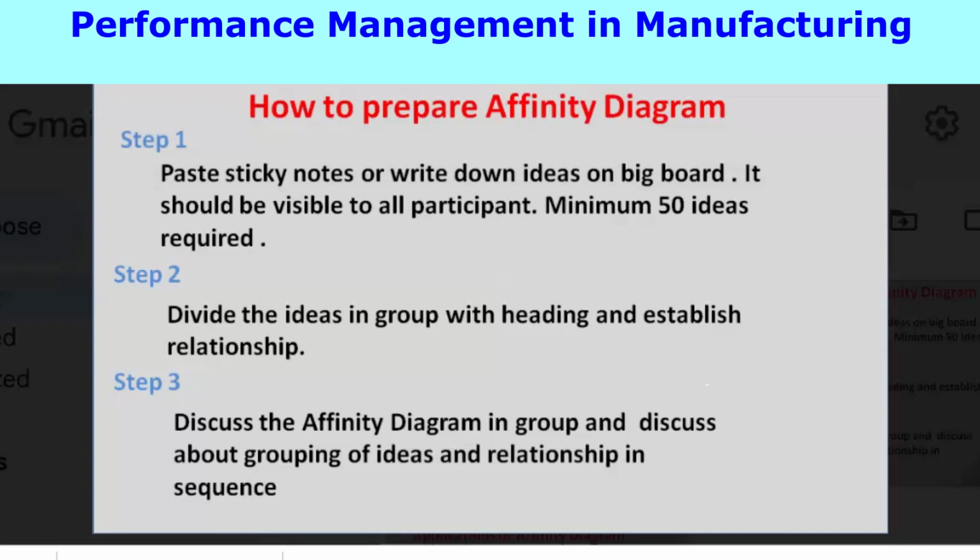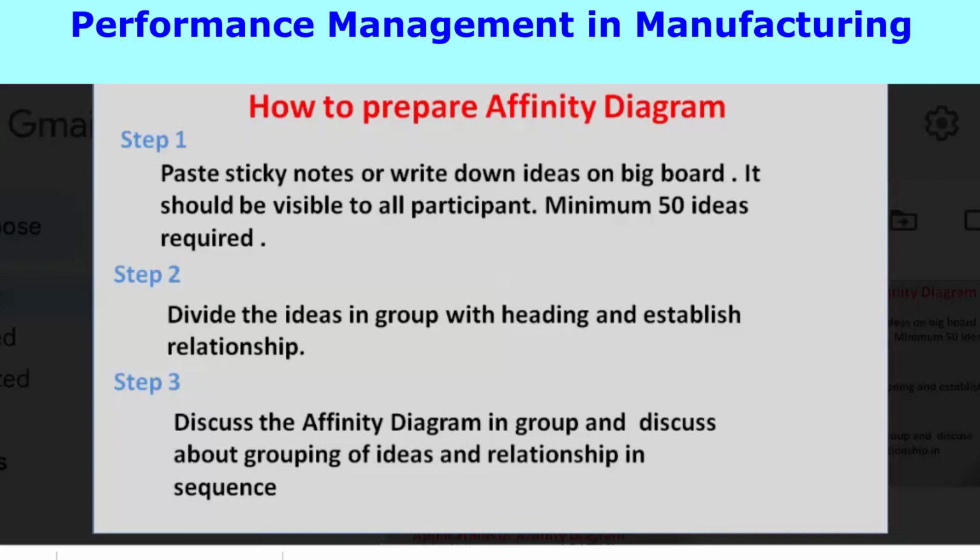Once you have started grouping the ideas, the next step is to establish the relationship. Once you have formed the groups, you should establish the relationship between the ideas. Once you establish the relationship between these ideas, you will be able to formulate the sequence of the operation, the sequence of the process.